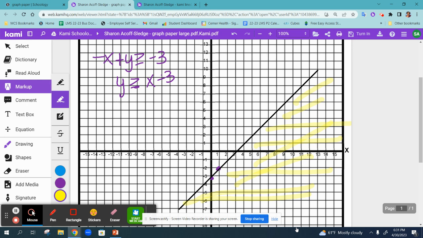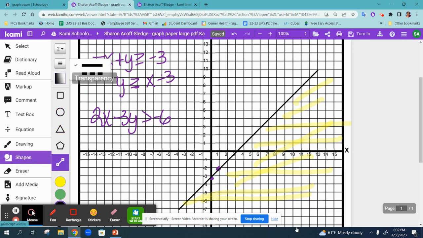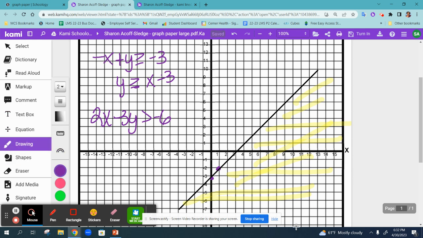Okay, now my next line, 2x minus 3y is greater than negative 6. So that one's going to be a dashed line when we get back to it. I'm going to change it. Okay, so I'm going to subtract 2x from each side and then divide everything by negative 3.